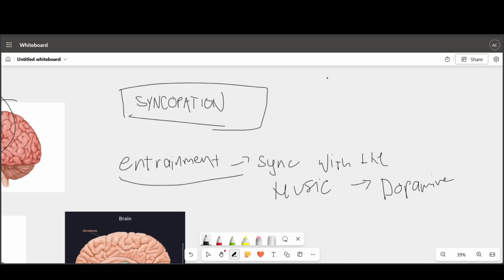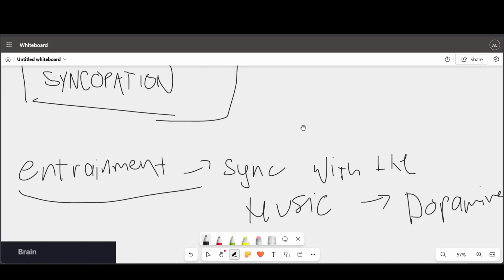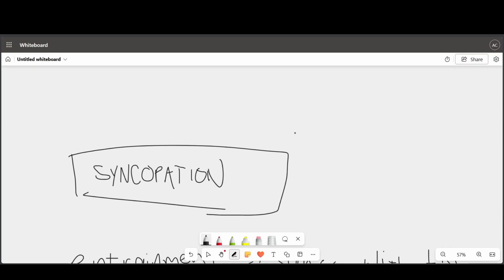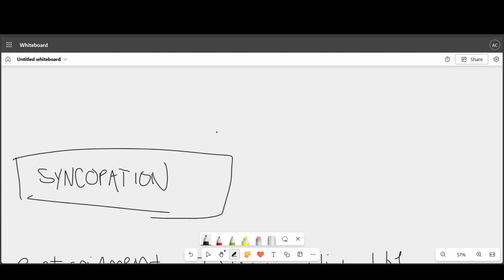So what happens in syncopation is there is a sweet spot to syncopation. Musicians who are very deep into the art probably already know what syncopation is. They use it deliberately to make their music more addictive.